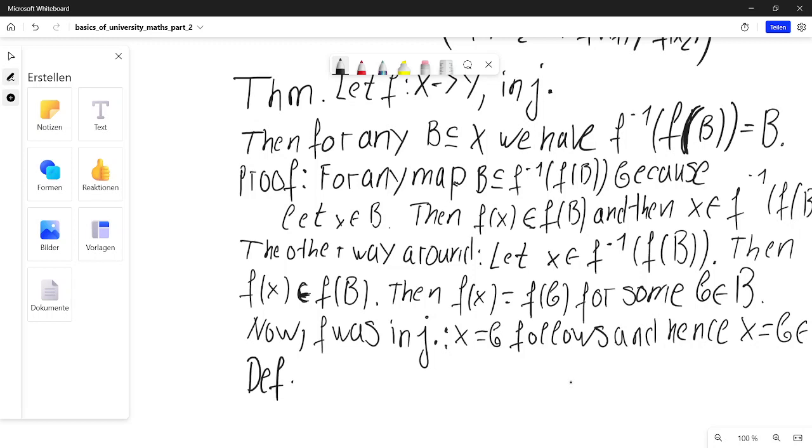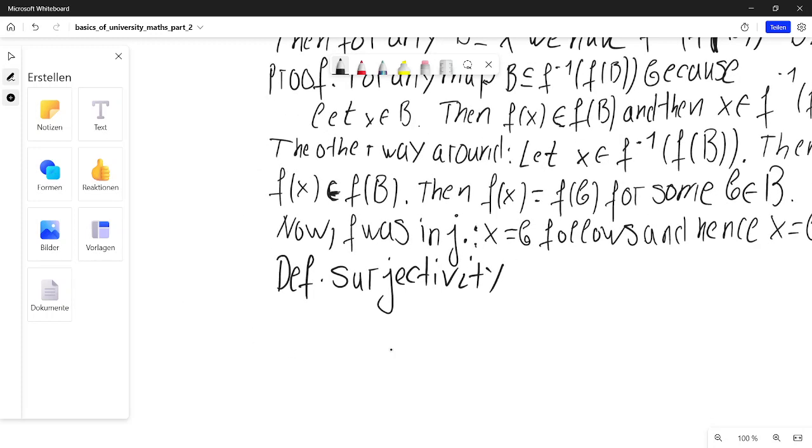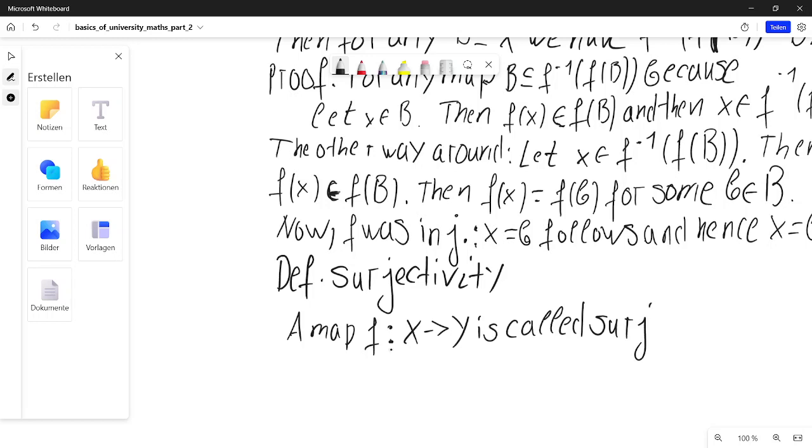Definition. Surjectivity. A map f from X to Y is called surjective. And here you see also directly that a map really is considered as a mapping from a set to a set.